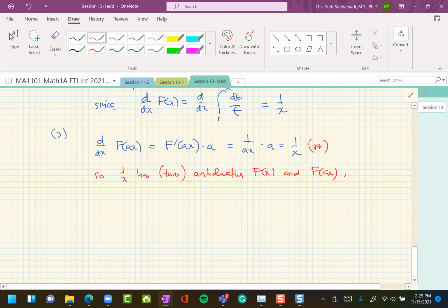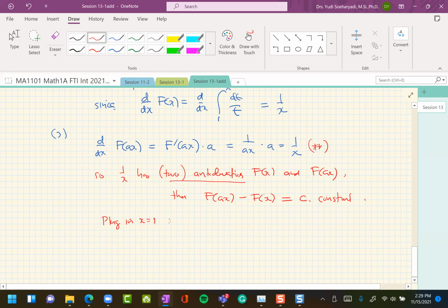Okay, because if there are two antiderivatives, then f of ax minus f of x equals a constant C. Right. Okay. Let's try to plug in x equals 1.